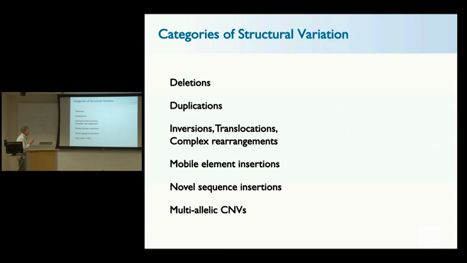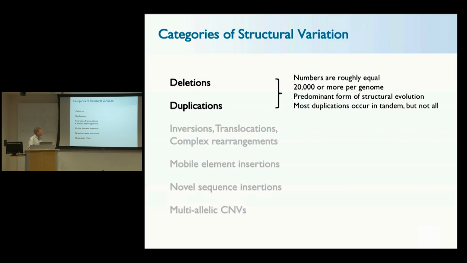So I do want to talk a little bit about categories of structural variation, mostly because this is often the way we think about structural variation. If you're going to look at structural variation, it's good to be familiar with the different categories and models that we tend to put things into. Deletions and duplications are the most numerous kinds of structural variation we see in the human genome.